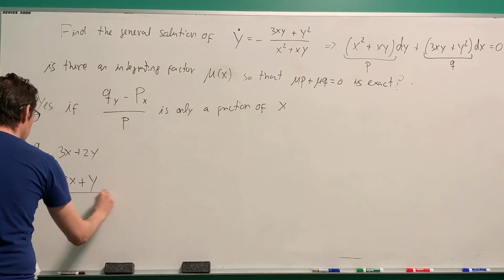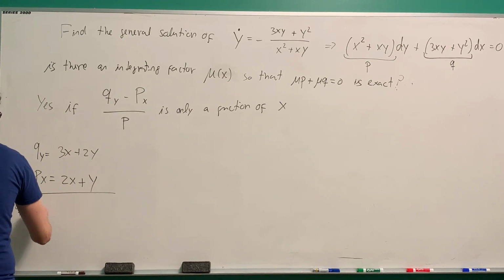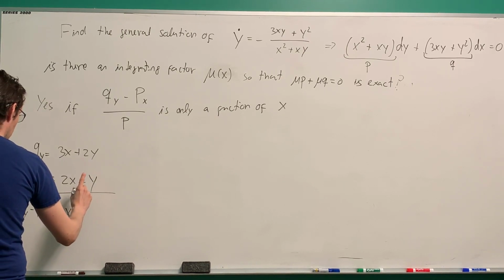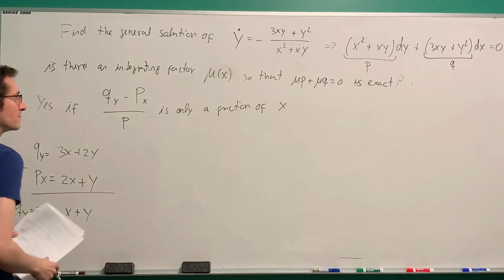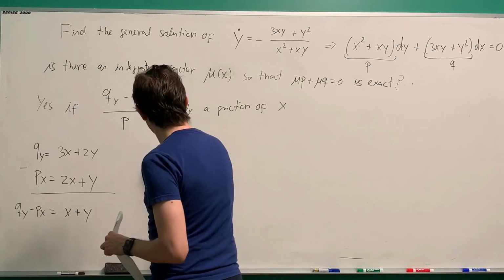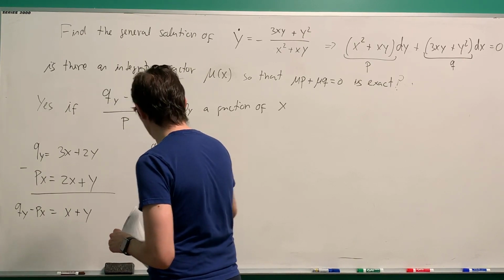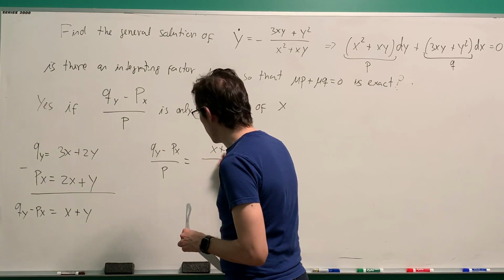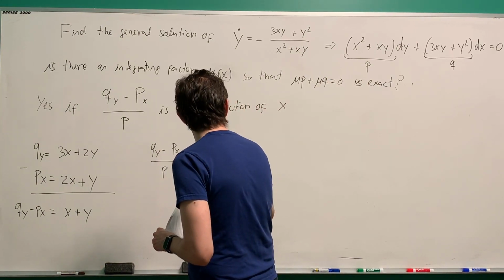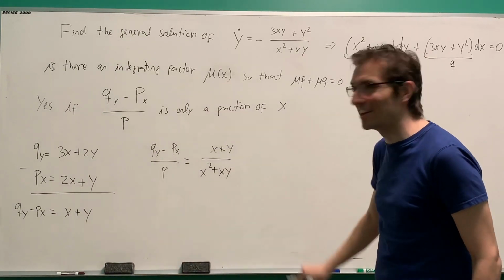So if we subtract these two, we get that q sub y minus p sub x is equal to x plus y. All right, and now we divide that by p. So q sub y minus p sub x divided by p is equal to x plus y divided by p, and p is x squared plus xy. And oh, look at that, this is only a function of x, there's no y's in here, right?